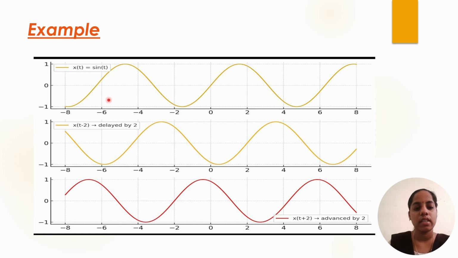We take the signal and we get x of t minus 2, means delayed by 2. X of t plus 2 means advanced by 2. This is about time shifting. Simply, time shifting means the signal changes with respect to time without change in its amplitude.